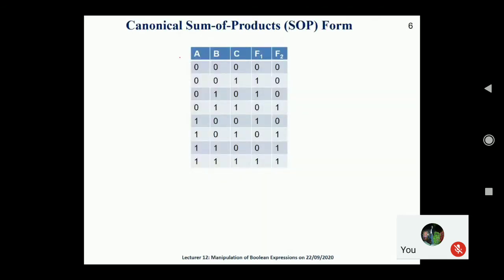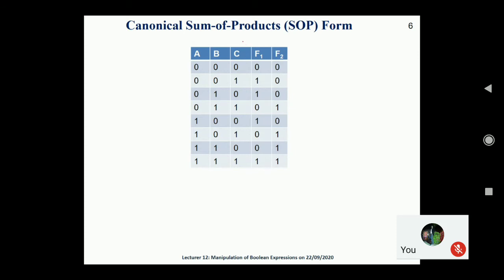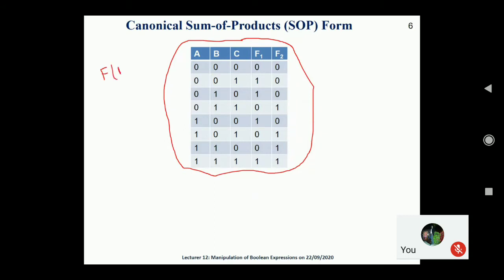Now how can we represent the sum of products form? Here I am using a particular truth table. Any particular truth table is the behavior, that means what type of behavior is actually present. So how can we define a particular function from the truth table, and how many variables are we using?